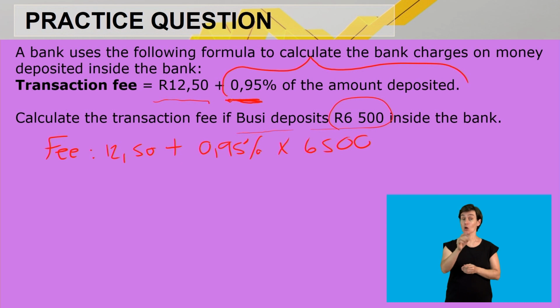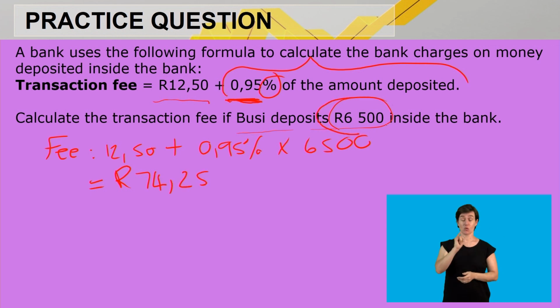Because it's already in a decimal, don't forget that it's still a percentage. And then if you punch it into your calculator, I hope you are working with me, it will be R74.25. So if you deposit 6,500 Rand at this specific bank, it will cost you R74.25.